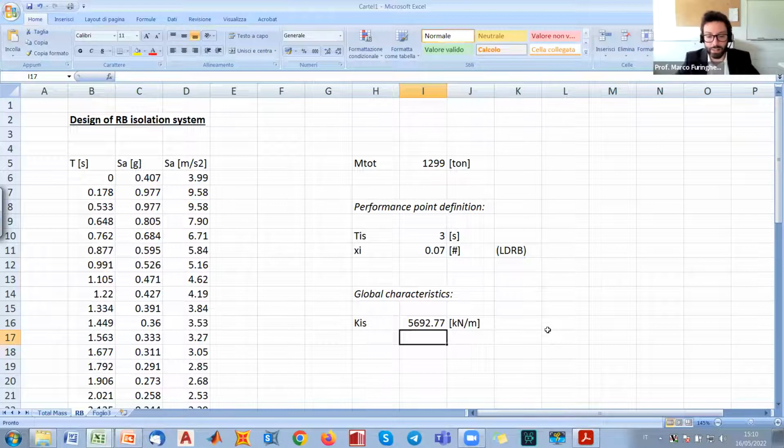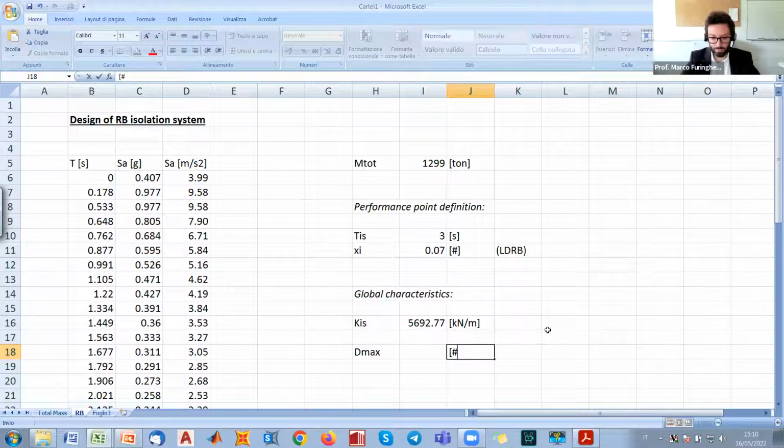And this is the global stiffness of the isolation system. Then we need to compute the displacement demanded, so the maximum displacement in meters.